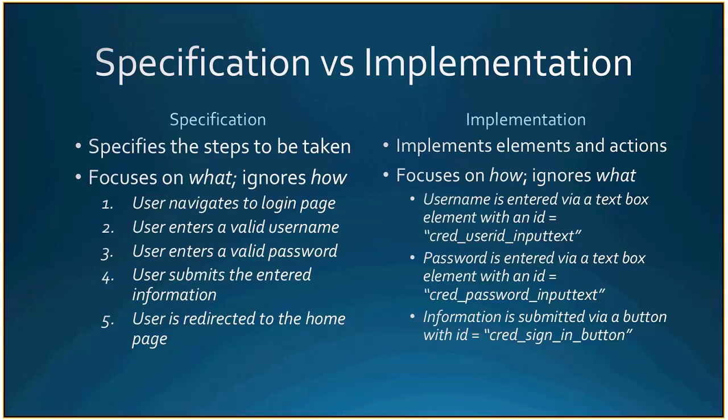So for example, the username is a text box, it's got this ID, the password is also a text box with that ID. That information is submitted via a form by clicking on this button with this ID. It doesn't care about what those facts are used for. It just cares about that information about interacting with those web elements.